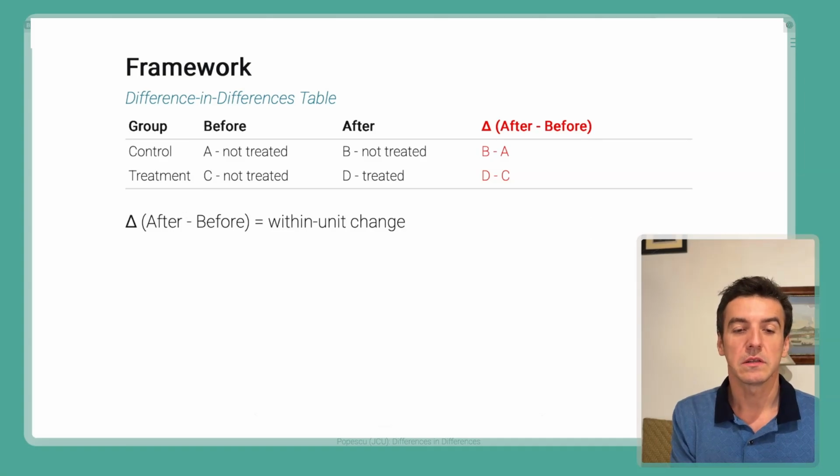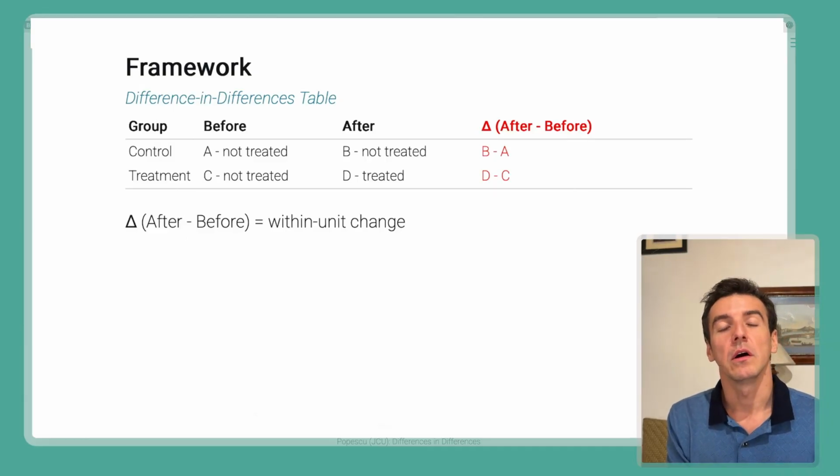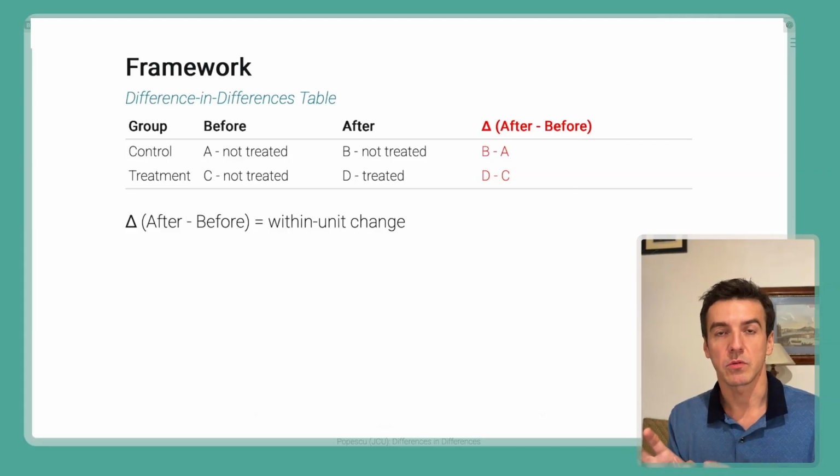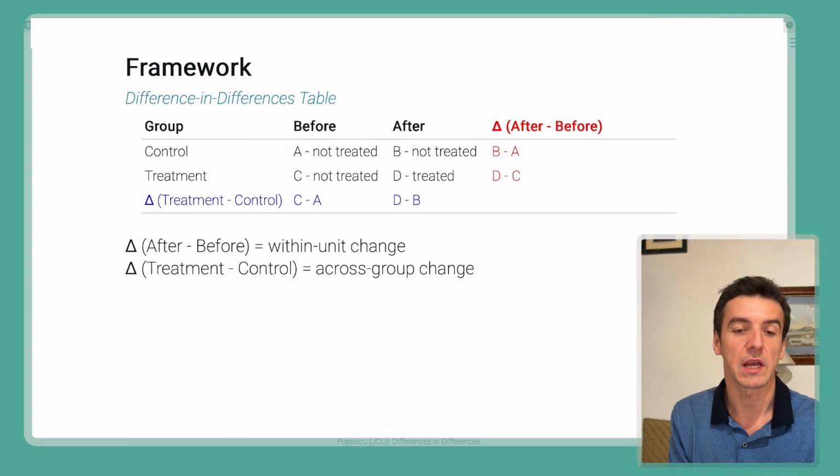So this difference, after and before, B minus A and D minus C, is called within unit change. I hope that is straightforward why this is called within unit change. We're looking at what the number of jobs per restaurant were in Pennsylvania, both before and after, and the number of jobs per restaurant, both before and after within New Jersey. So that's why this is called within unit change.